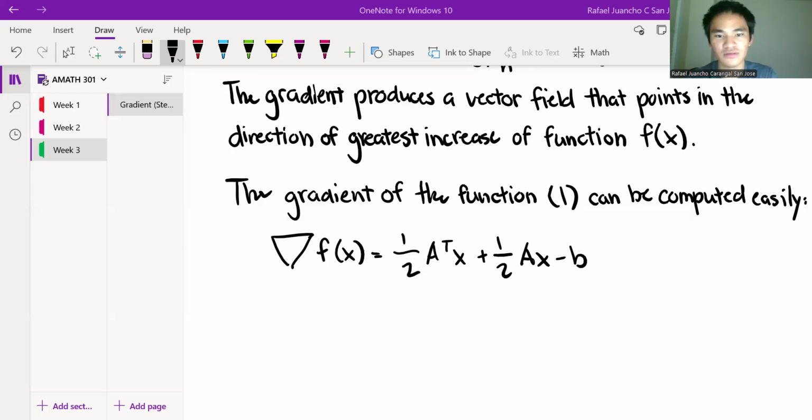Yeah, it's something about computing partial derivatives to get the gradient, which I haven't learned yet. But yeah, it's computing the gradient. So that's interesting.